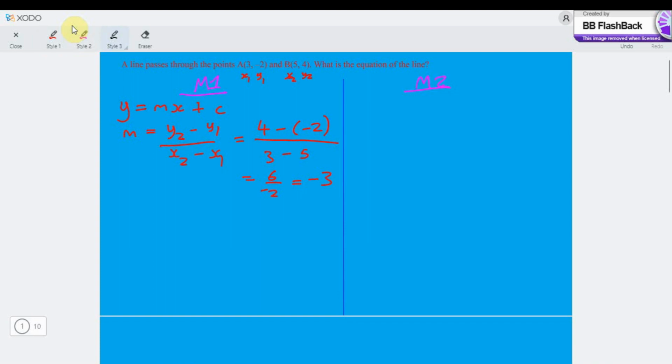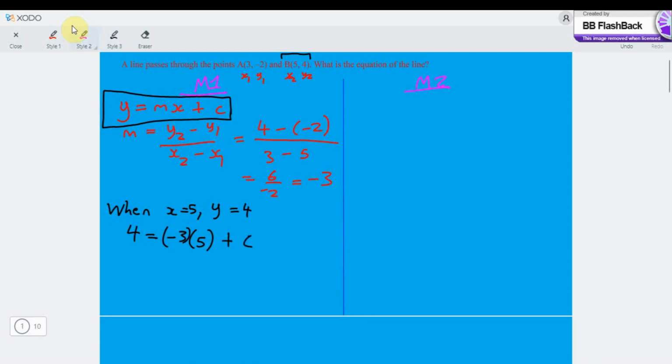Since the gradient is minus 3, we just need to find our y-intercept. We can use any point. I'm going to use a positive point: when x is 5, the y value is 4. So y is 4, the gradient we just found is -3, the x value is 5, plus c.